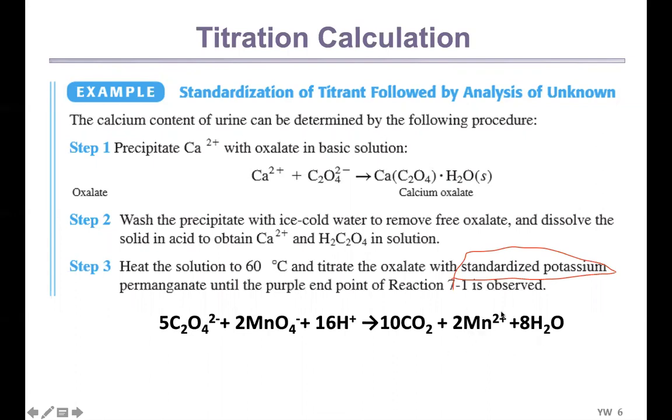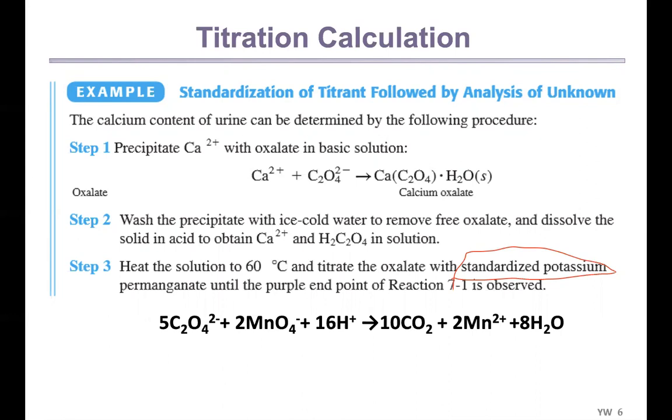So during the reaction, you won't be able to see any purple color. But once the oxalate has been completely consumed, you will have excess amount of permanganate in your solution. That's the moment you started to see purple color. Okay, and that is also your endpoint.